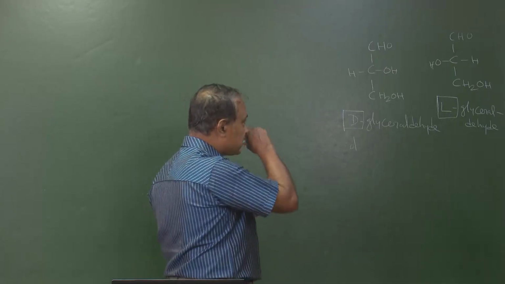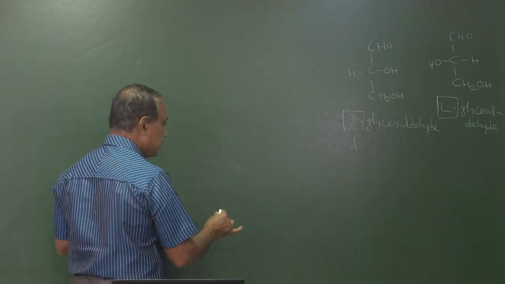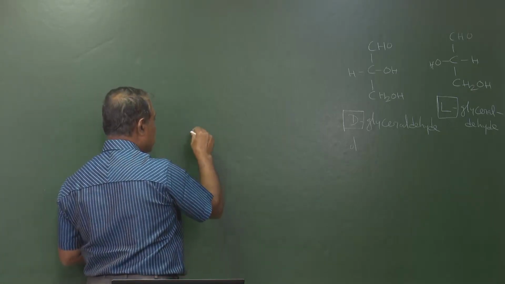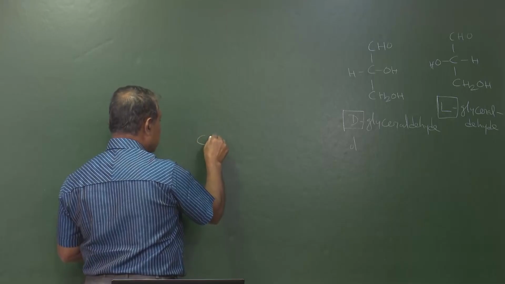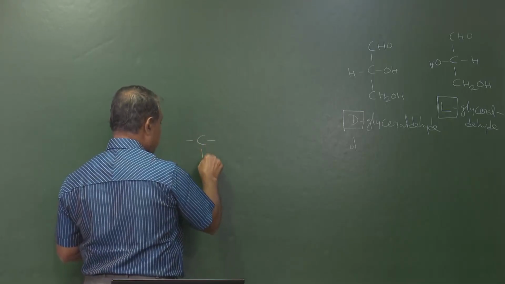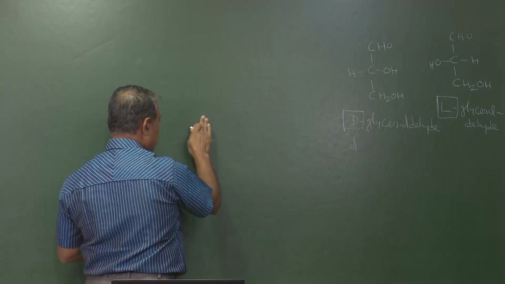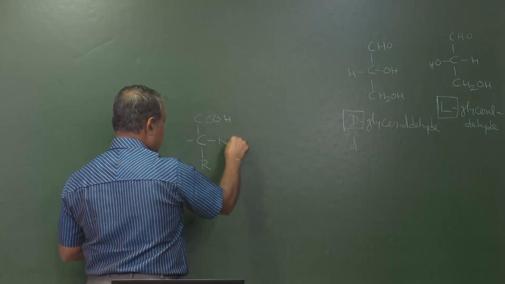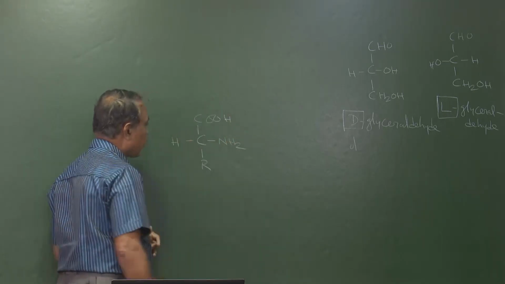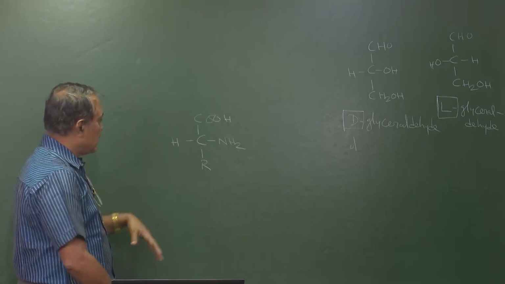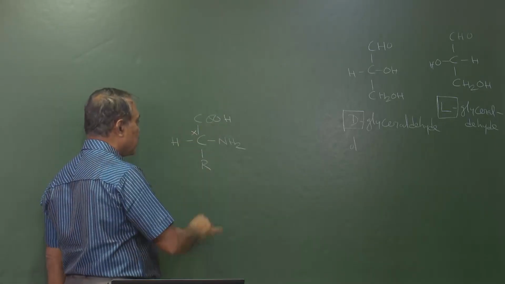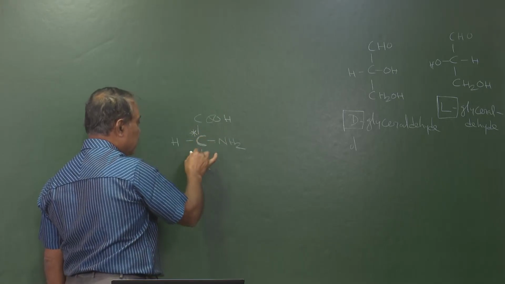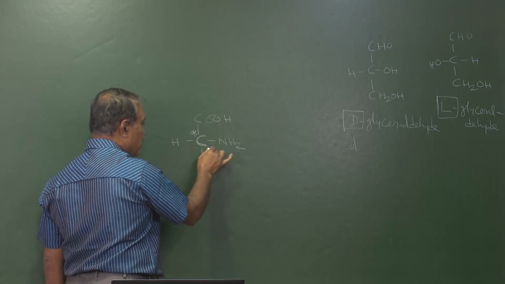Say for instance, I take one amino acid. This carbon atom is an asymmetric carbon atom. This carbon is called the alpha carbon.